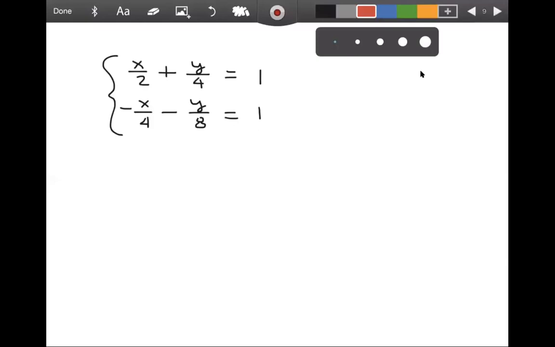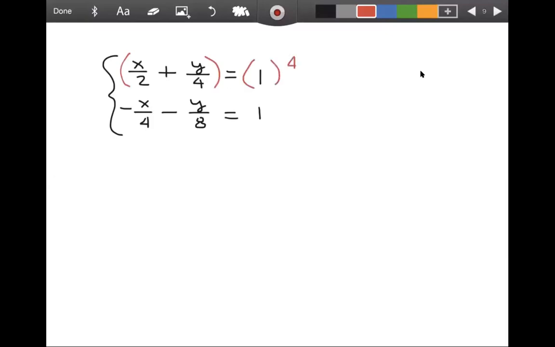So before I even think about knocking out the x's or the y's, I am going to multiply both sides of the first equation by 4, and both sides of the second equation by 8.